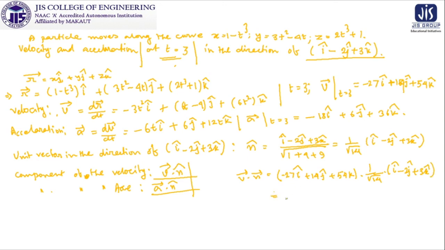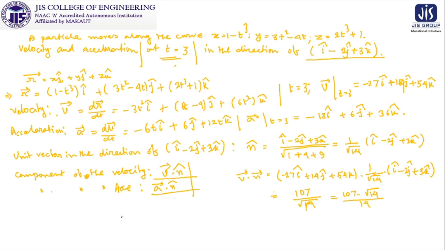According to the dot product of ii, jj, kk and ij, jk, ik, we can simplify this to 107 by root 14, which is nothing but 107 root 14 by 14.